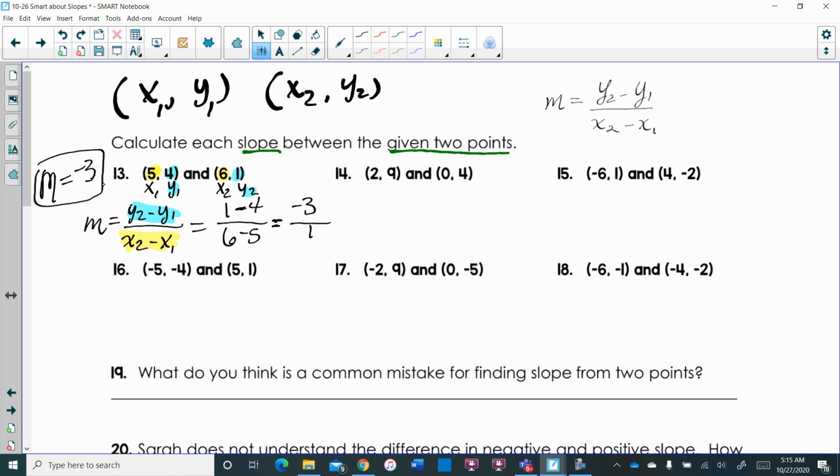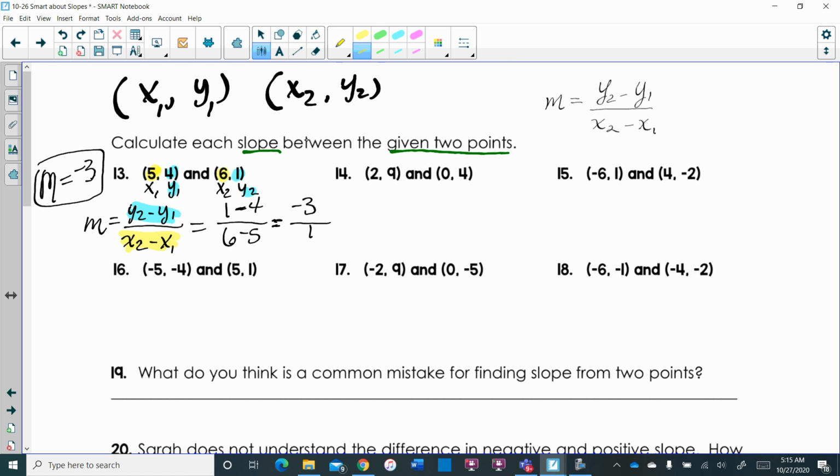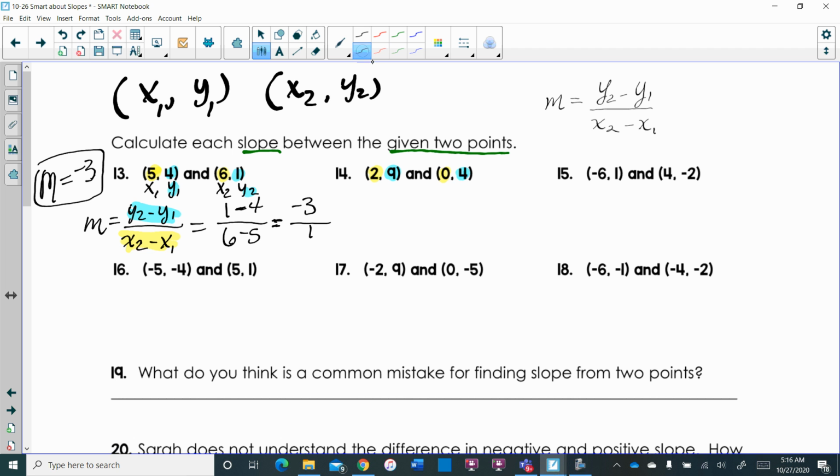So you can have whole number answers that you simplify, or you can have fractions as well. Again, order matters. Here are my x's, and here are the y's. So when I go to calculate it, let's say I wanted to put the x's on top and I just went 9 minus 4.